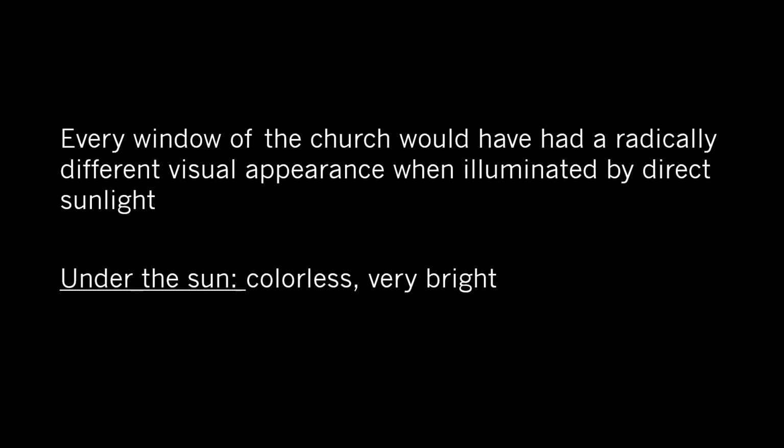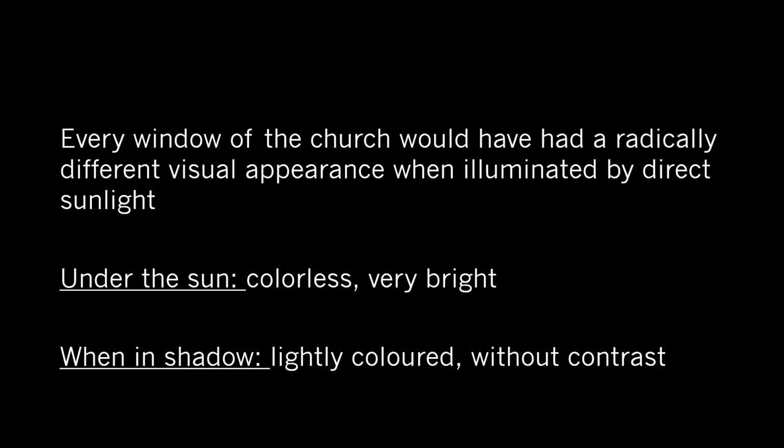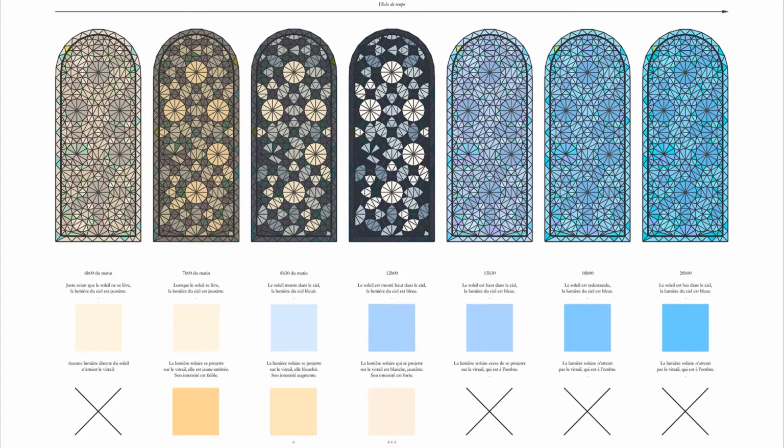And so in my project, the idea was that every window would have two different moments. One moment where it's in the shadow, and one moment when it is under the sun. So under the sun it becomes colorless but very bright, and under the shadow some colors appear and all the contrast disappears.